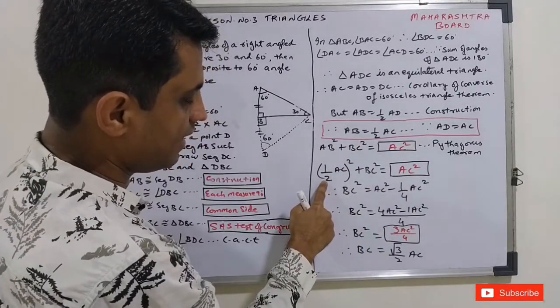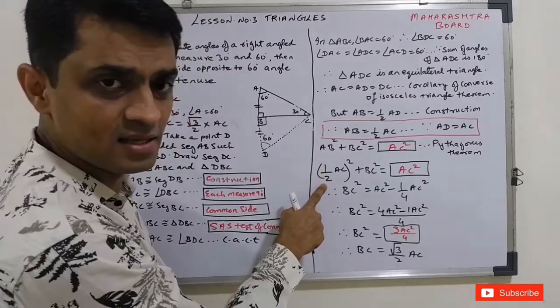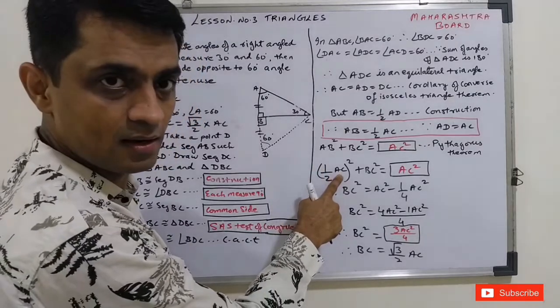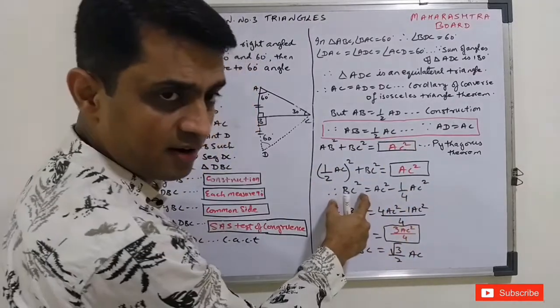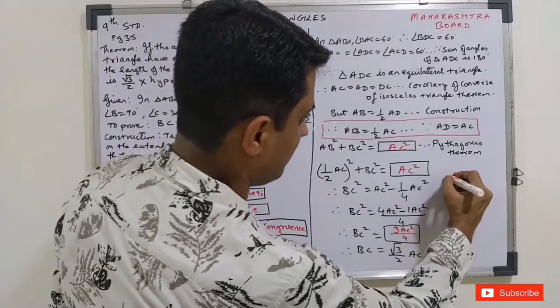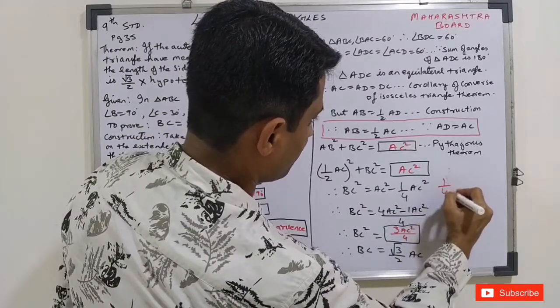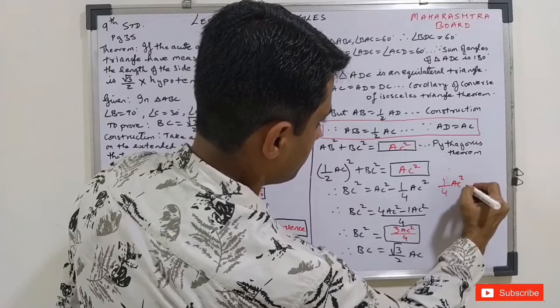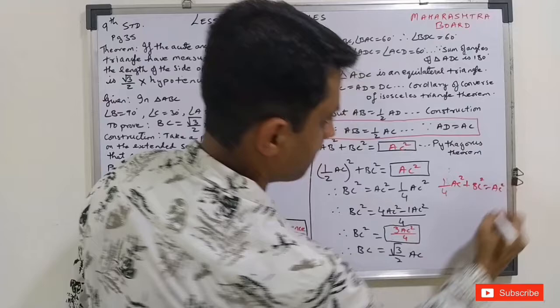Now what will we write here? Square of 1 is 1, square of 2 is 4, so 1 upon 4 AC square plus BC square is equal to AC square.